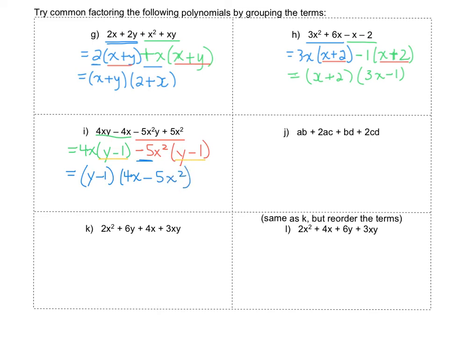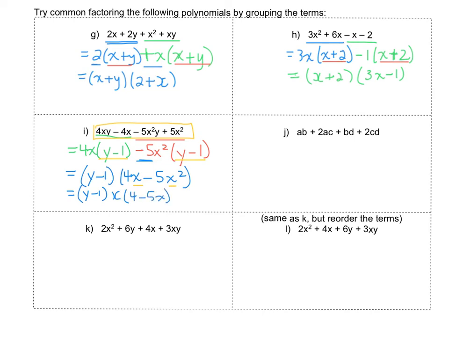Now, I missed something here. If I would have noticed right off the top, if I would have looked more carefully, x is actually common to every single thing. And since I didn't do it right off the top, I'm going to common factor my x out. I'm going to have my y minus 1. I'm going to have an x. And then I would have a 4 minus 5x.